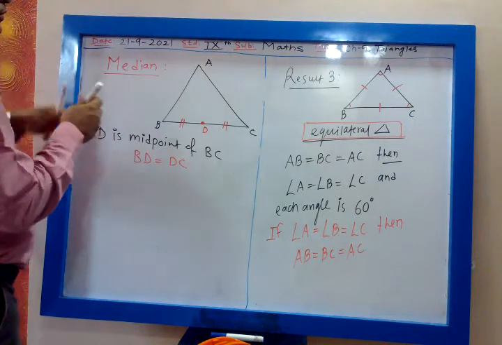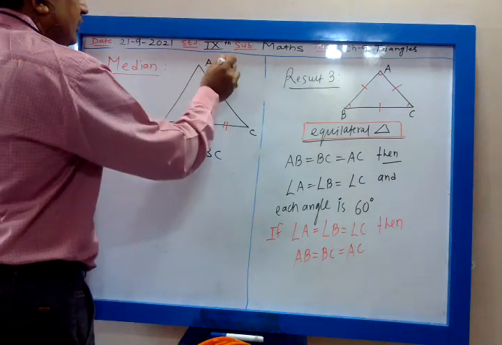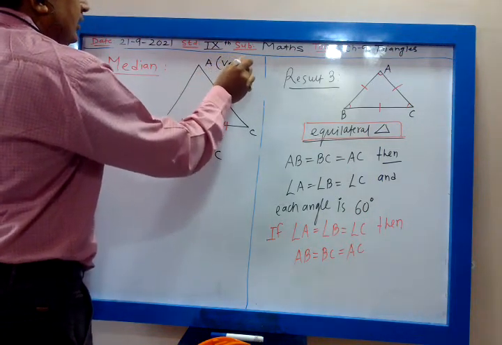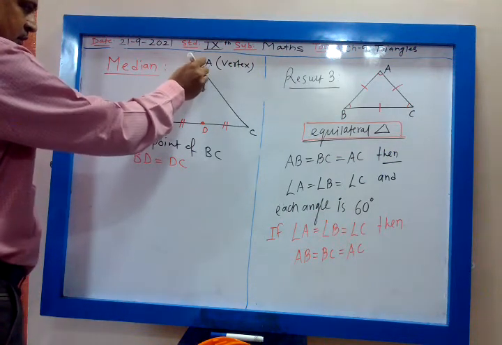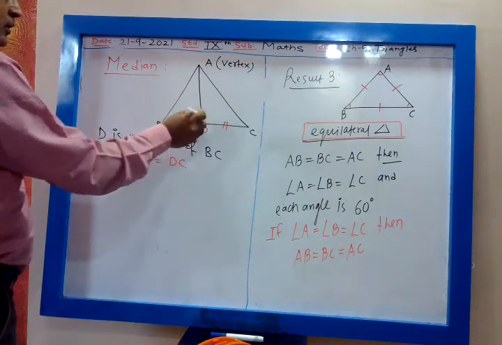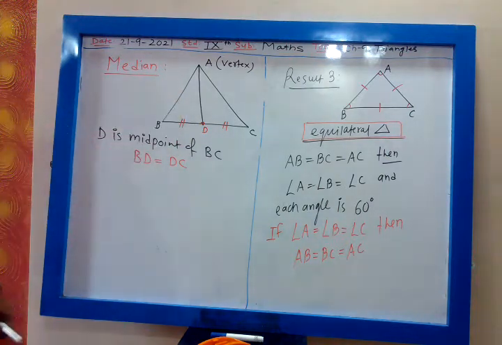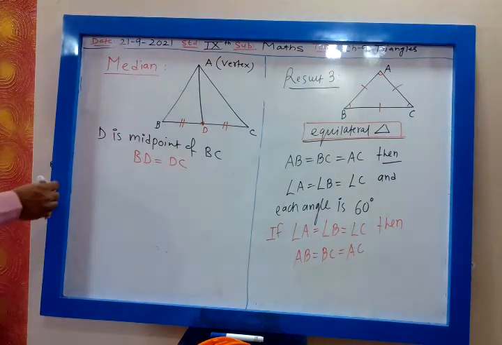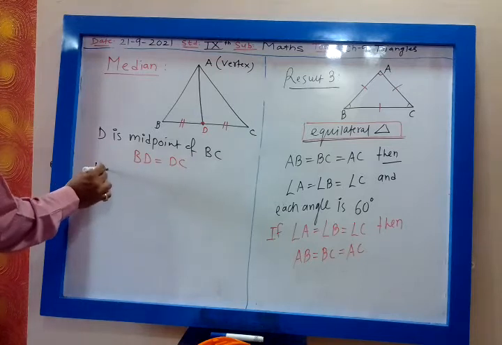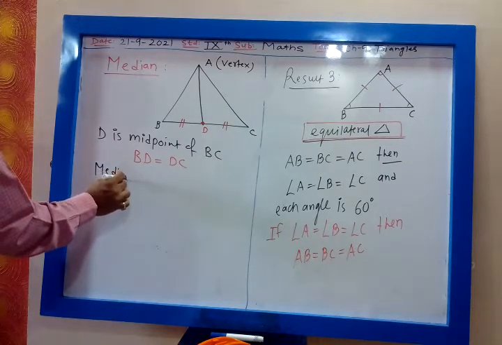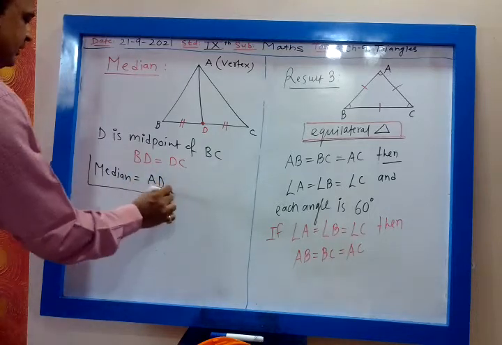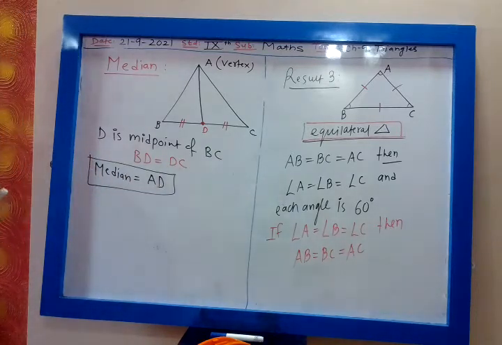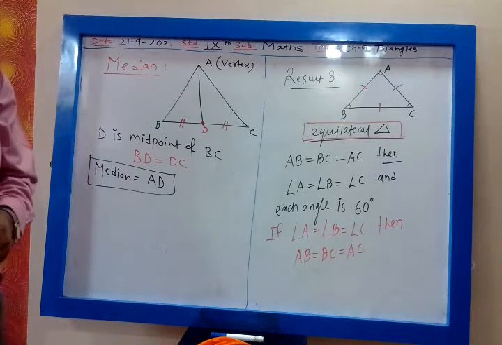A. So A is my vertex. Join this vertex A to D, so you will get the median AD. So the median is AD. So can you tell me for a given triangle how many medians are there?